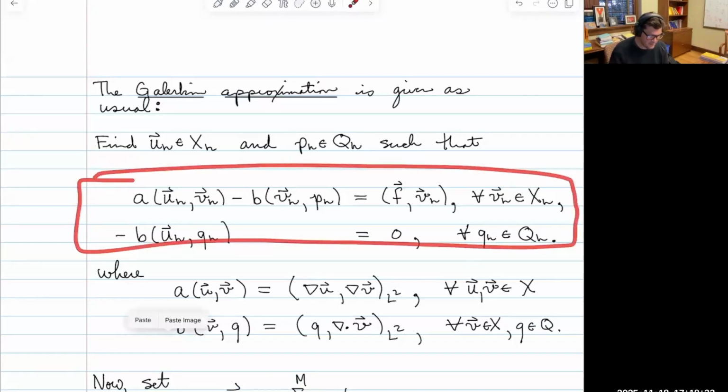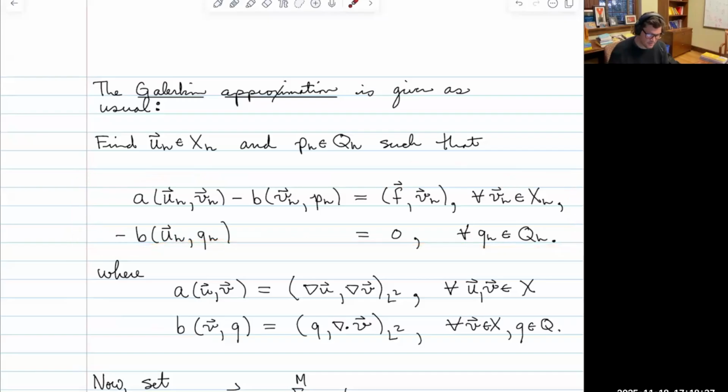So this is just a weak form of the Stokes problem. The only difference is our test functions are going to come from the finite element spaces, VH from XH and QH from QH. And of course, the definitions of these objects are the same as they were above for the infinite dimensional cases.